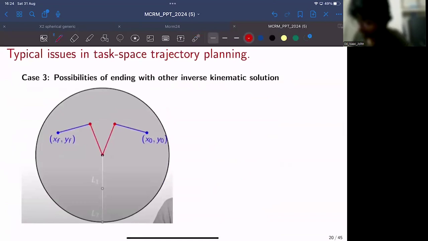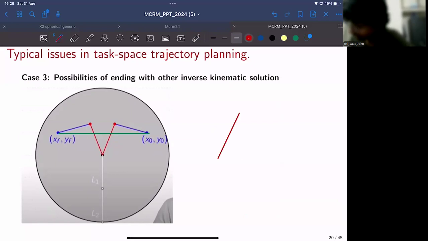So if you try to plan a path like this, or I'll use a different ink, a straight line path like this, right? See, if you can see this, there are actually two inverse kinematic solutions for this arm. So if this is the initial configuration, I'll reproduce it like this.